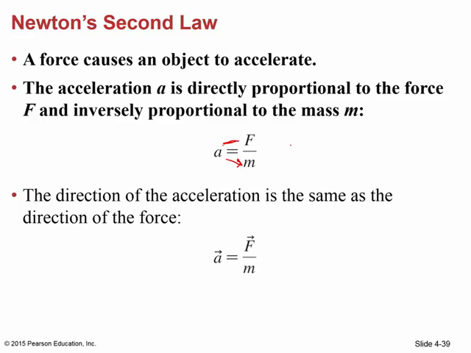So we could write this. We could say force is proportional to a, and inversely proportional to mass. And again, we write that little proportional sign there. Does that make sense? I don't want to confuse you. Let me do it this way. Force is directly proportional to acceleration.